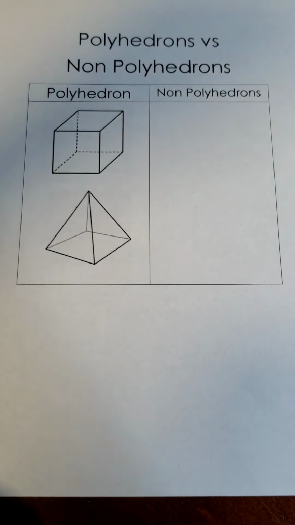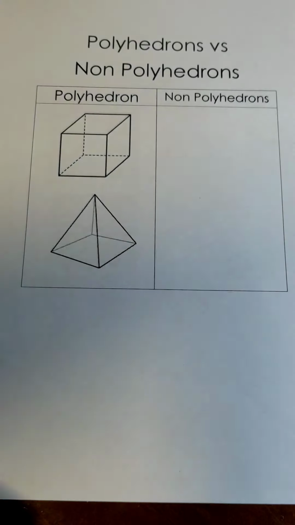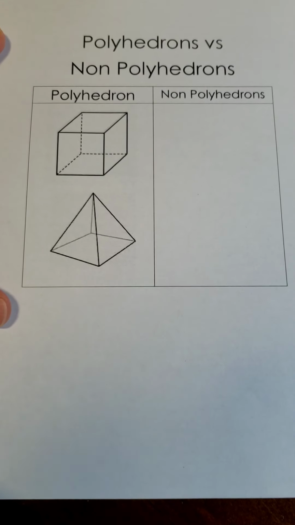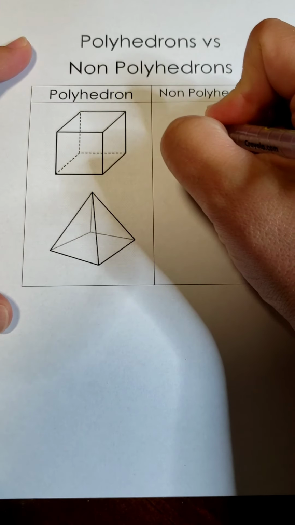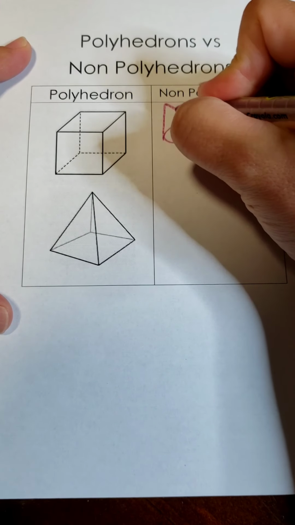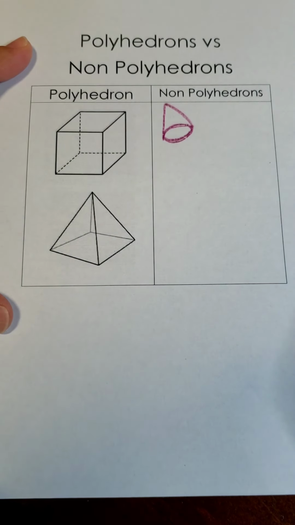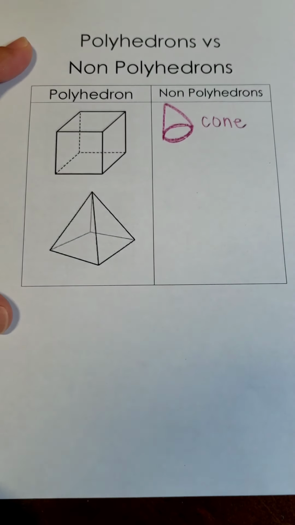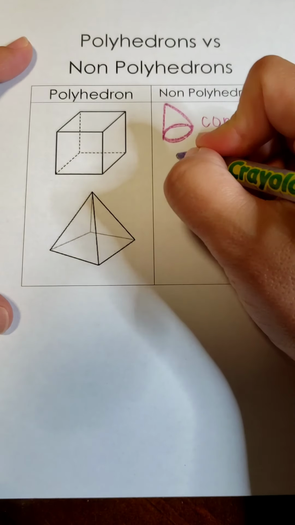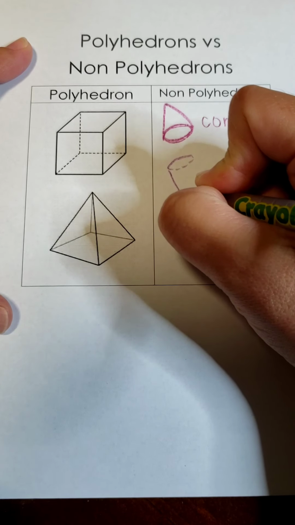Now, I'm going to draw 3 shapes over here on the non-polyhedron side, and I want you to think, why are those shapes not polyhedrons? All right, so we got this first one here. And that would be considered a what? A cone. Good. Next, let's see if you know what this one is.